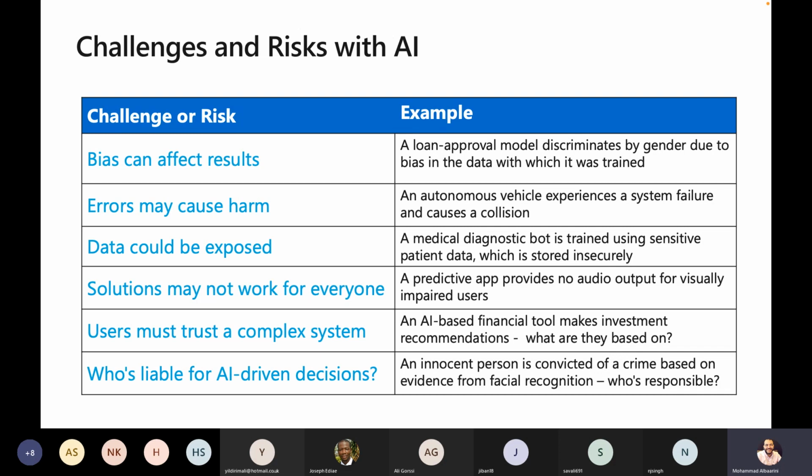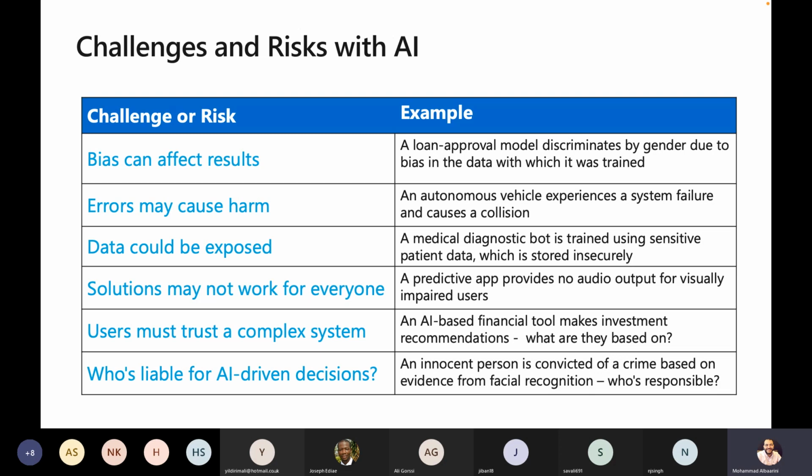Errors may cause harm. For example, an autonomous vehicle experiences a system failure, and that may cause a collision. Data could be exposed, which is one of the risks. A medical diagnostic bot is trained using sensitive patient data, which is stored insecurely.